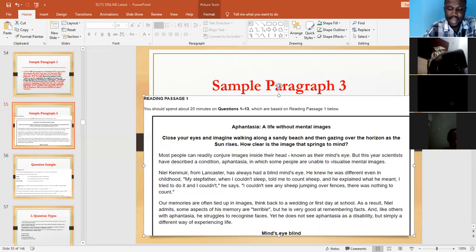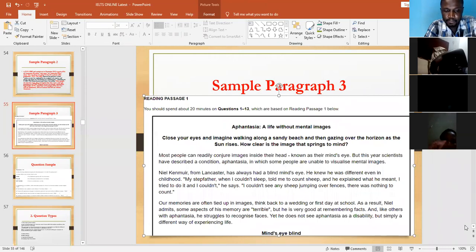So I'm going to read this one and possibly go to a new paragraph. He said, close your eyes and imagine walking along a sandy beach and then gazing over the horizon as the sun rises. How clear is the image that springs to mind?